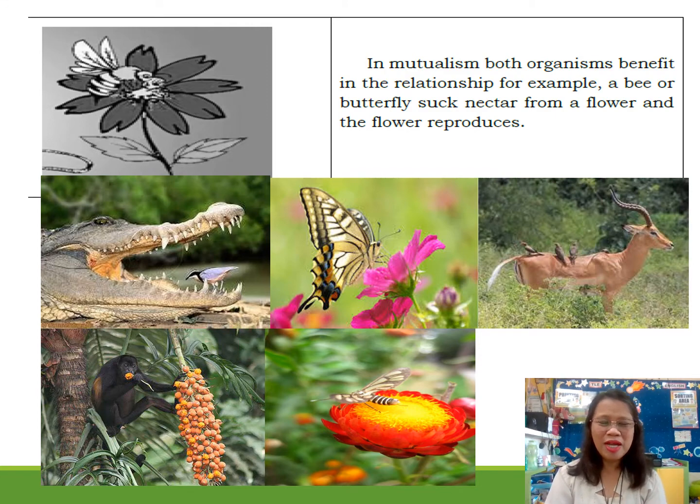Ako kanan. Si bee nagkinahanglan og nectar. Kisa may nagproduce sa nectar? Si flower. Usa may matabang ni bee ngadto kang flower. Naamay mo pilit nga mga pollen grains sa mga tiil, sa mga wings sa bee.